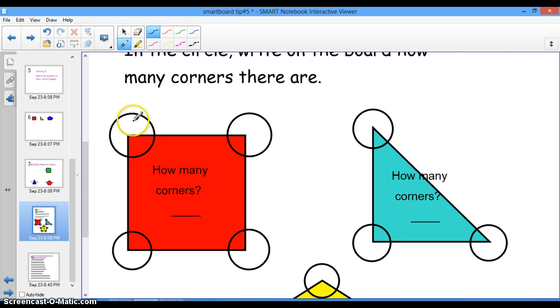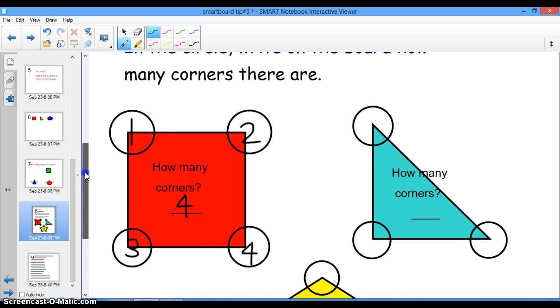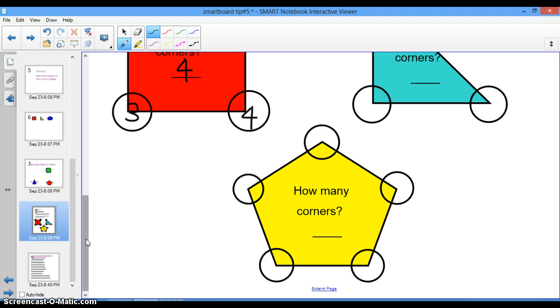So each student would be able to come up to the board and draw 1, 2, 3, 4, and so they see that there's 4 corners, and in the line on the board they would draw or write a number 4, and they would continue this throughout each activity and each shape to understand the full method.